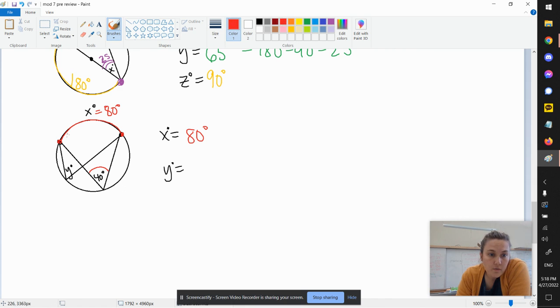So this red angle starts and stops at the same points as the arc. The angle y also starts and stops at the same place as the 80-degree arc. So y is going to be, because it's an inscribed angle that ends at the back of the circle, half of 80. So this will also be 40.